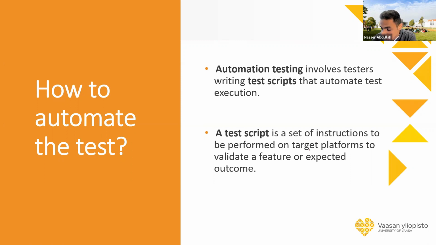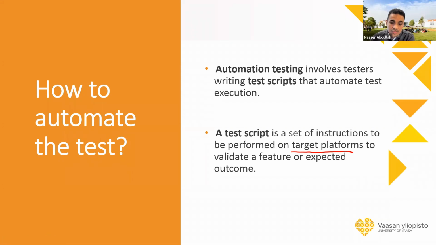So what is this target platform? Now we're talking about the test script. We say it's a set of instructions, so it's actually code. The target platform is the software which we are testing.